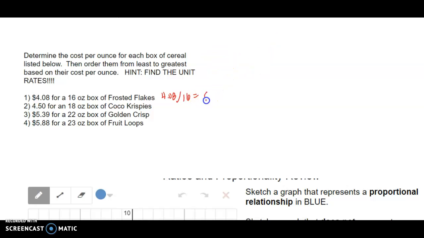And we get 0.255 per ounce. So about 26 cents per ounce. The next one we're going to do is $4.50 divided by 18. Again, we want cost per ounce for the Cocoa Crisps, and that is 0.25.